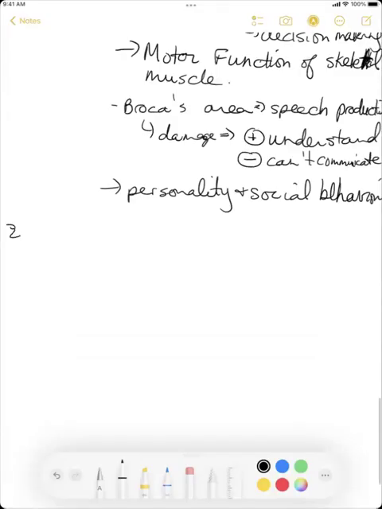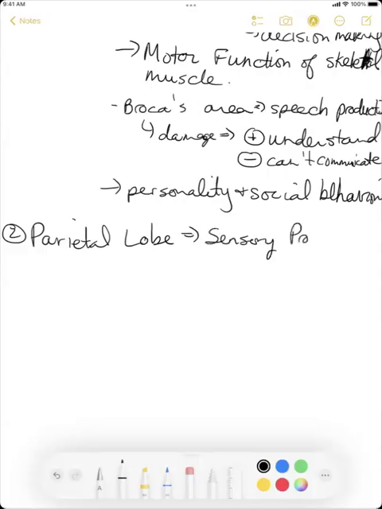The second lobe that's important is something called the parietal lobe. And this is really important in sensory processing. It's really important in helping with spatial awareness.